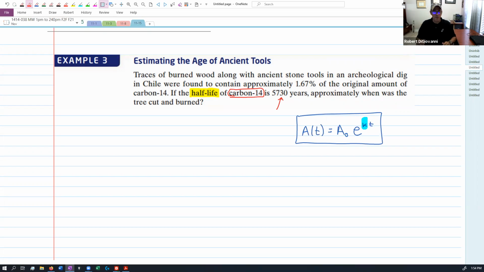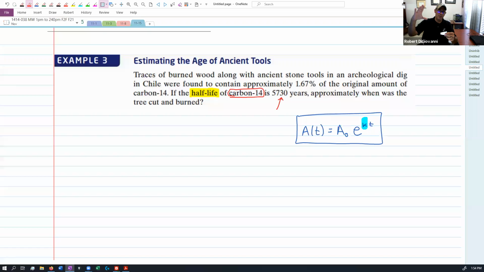So what we can do is say, okay, if there was 100% of the carbon-14 in the beginning, then when we find the bone or the tool or the tree, we can measure the amount of carbon-14, and we can tell. It's like picking up one of these little pieces of paper and saying, that paper came from a bigger piece of paper.